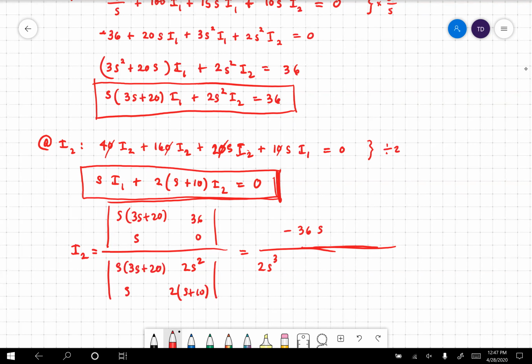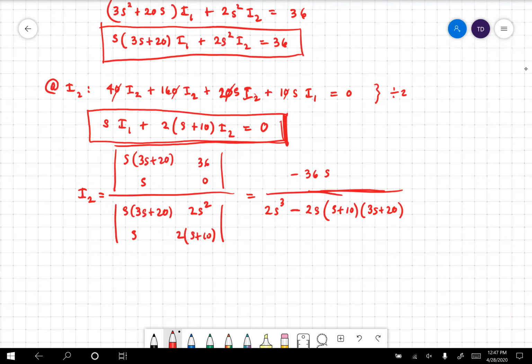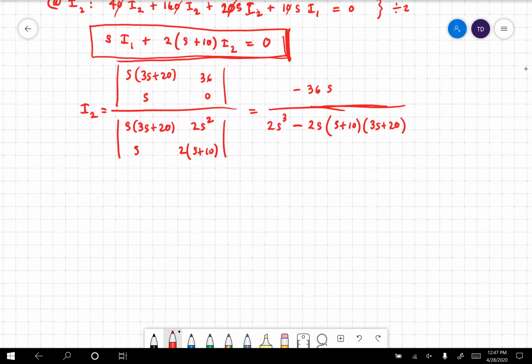Okay, 2s cubed minus 2s. That's good. I can factor out a 2s. That's going to make life easy for us for the factoring world. S plus 10, 3s plus 20. Okay, now it's just cleanup time. Equals minus 36s.